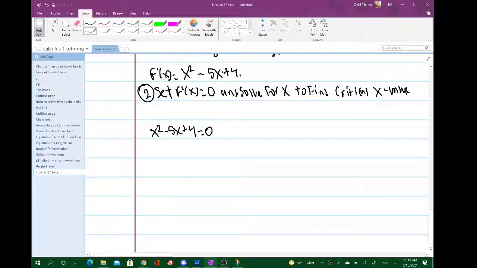Then we have x minus 4 times x minus 1 equals 0. So that means that x equals 4 and x equals 1.